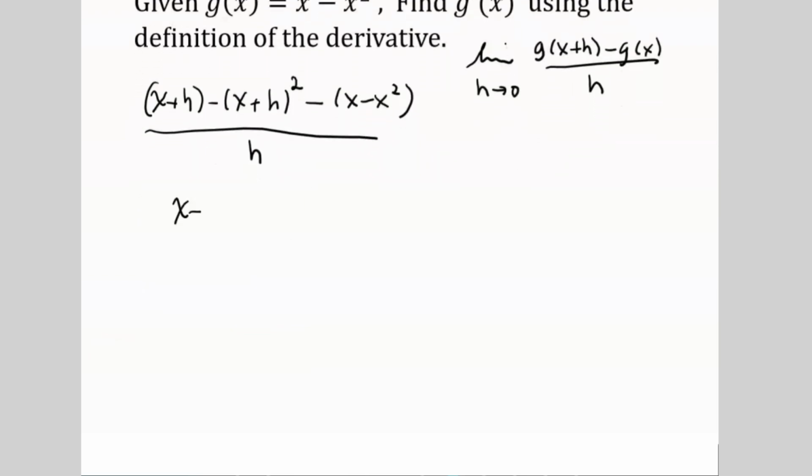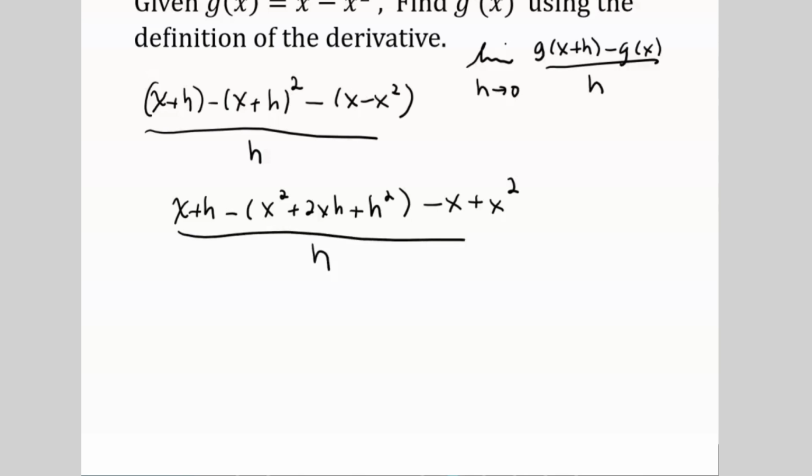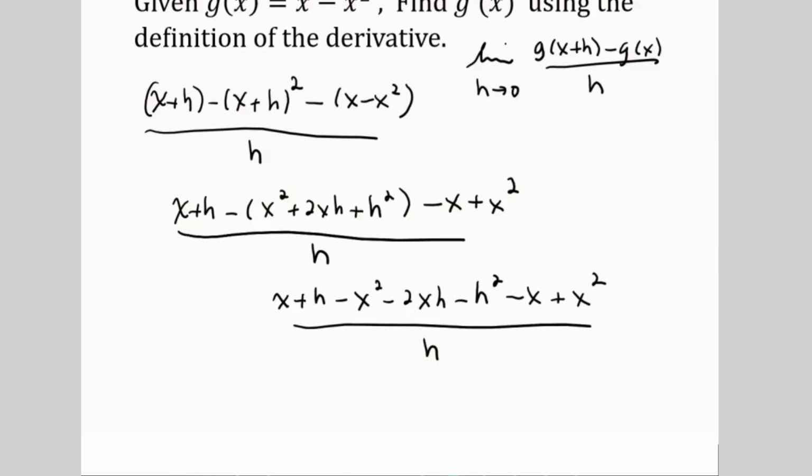We would get x plus h minus x squared plus 2xh plus h squared, minus x plus x squared, all divided by h. I'm going to distribute the negative 1, so I get x plus h minus x squared minus 2xh minus h squared minus x plus x squared, all divided by h.